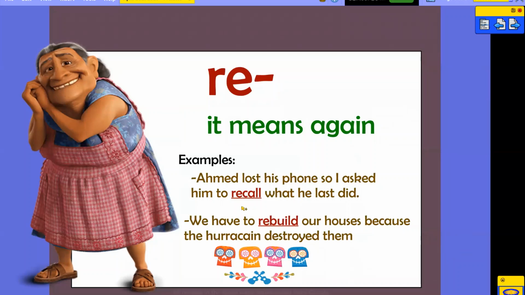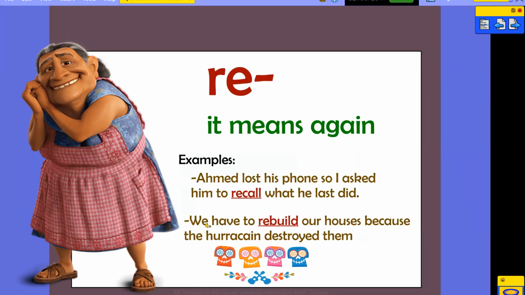Recall means to remember again, okay? Call means to think. In other words, it means to think or to remember. And if we add re before the word, it means we are saying remember again, okay?